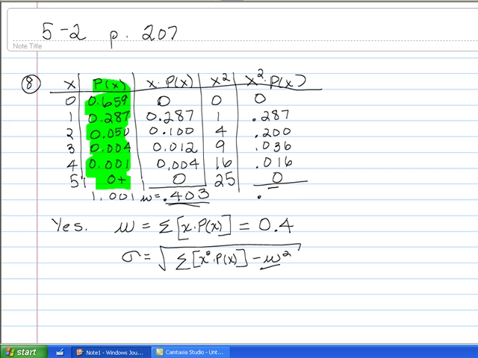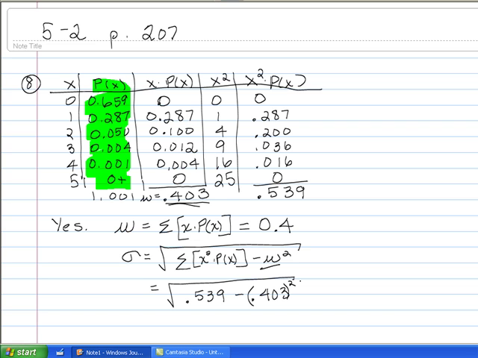Okay, so what we want to do is find the square root. That sum is 0.539 minus our mean, 0.403. Notice I'm using the 0.403 rather than the 0.4 that is my answer for the mean. We only want to round in the last step to keep our answers as accurate as possible.